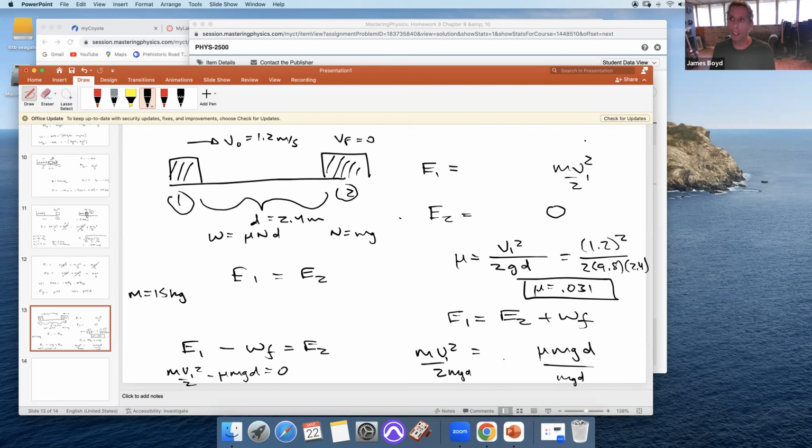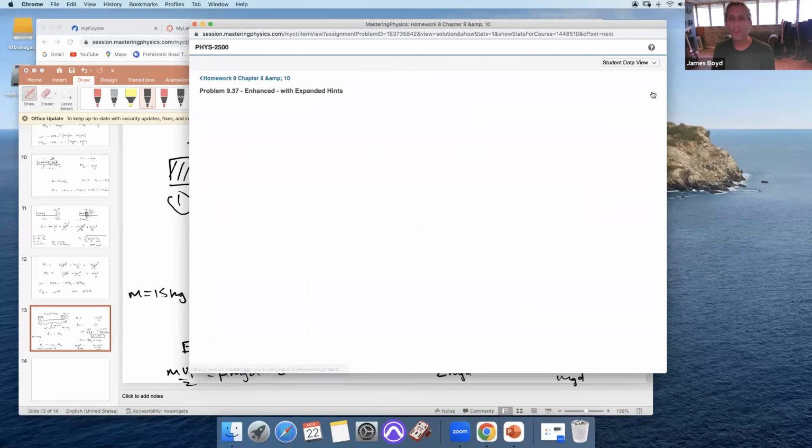All of the kinetic energy was taken out by the work of friction. So the initial kinetic energy has to equal the work of friction, and then solve for mu. Make sure you understand that if it's on a flat surface, N is mg, which is normally the case. If it were on an incline, N would be mg cosine theta, which is usually the case.